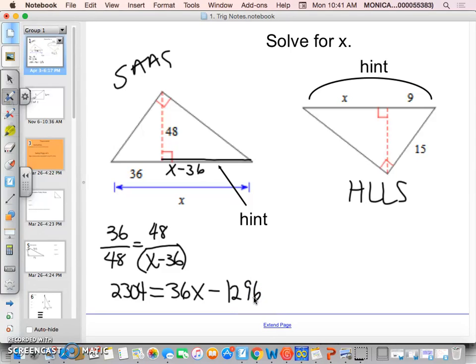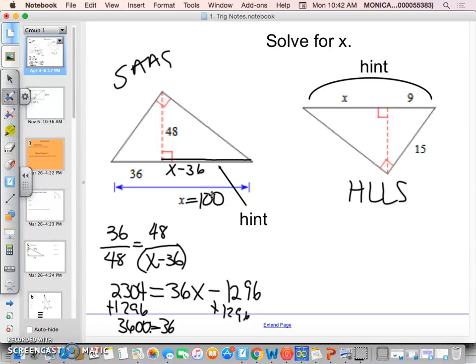So then we add this first: 2,304 plus 1,296 gives you 3,600. Then we're going to divide by 36, and that would make x equal to 100. So in this case, we got x equal to 100.